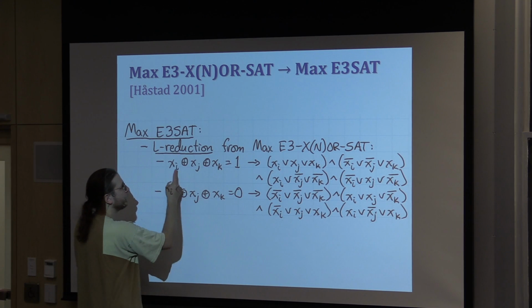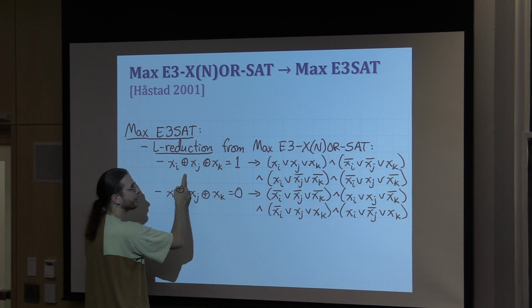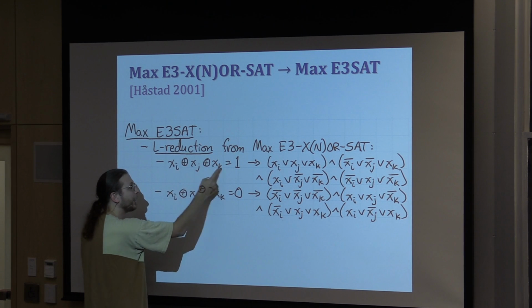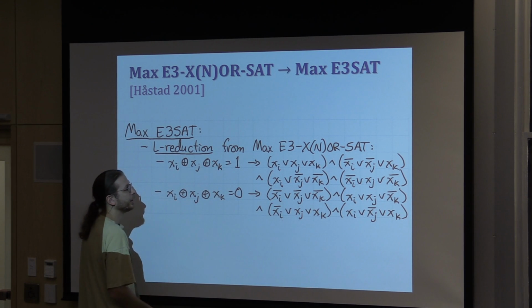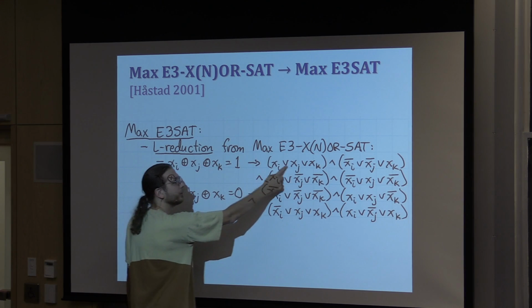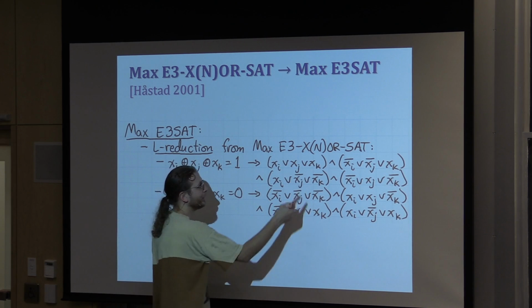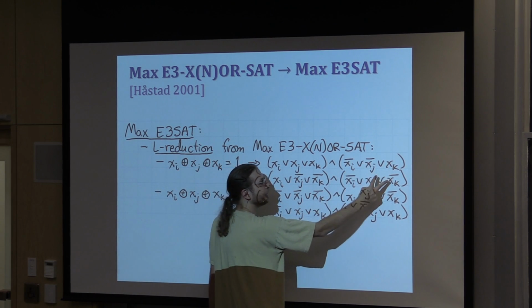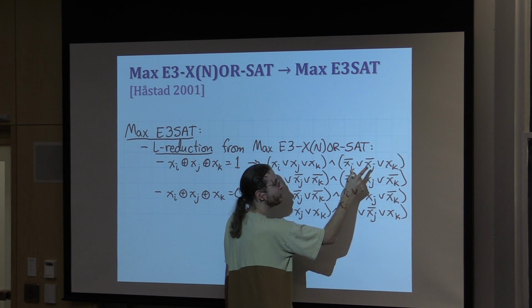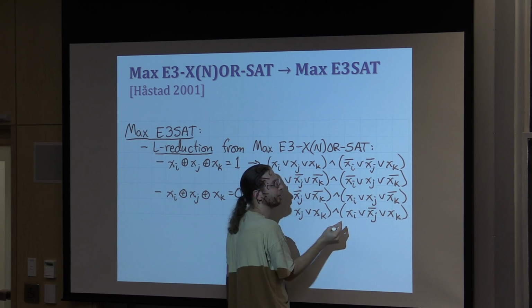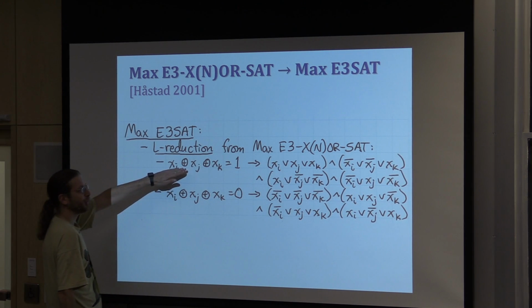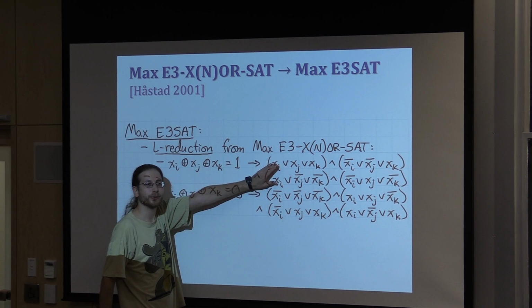The idea is, if I want the parity of them to be odd, at least one of them should be true. And if you stare at it long enough, when you put 2 bars in there, I don't want exactly 2 of them to be true. That's the parity constraint.